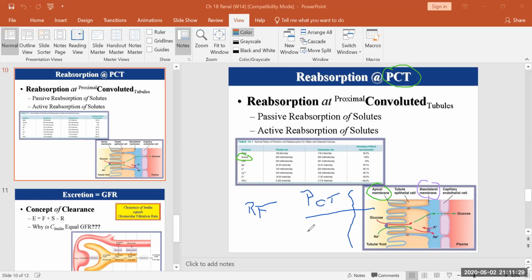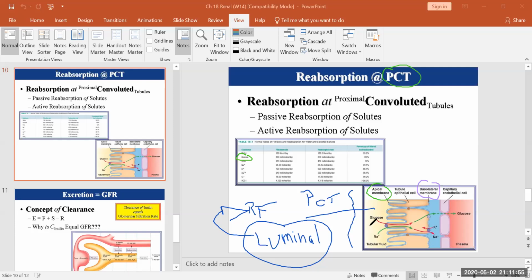So this is the luminal side of the proximal convoluted tubule, L-U-M-I-N-A-L. The luminal side of the PCT contains a renal filtrate, and that renal filtrate contains glucose because glucose was filtered out, right?